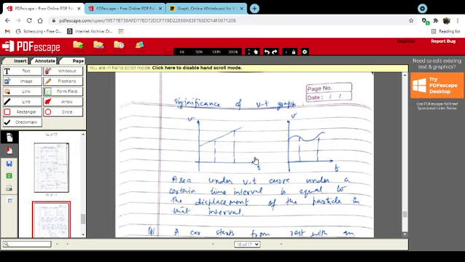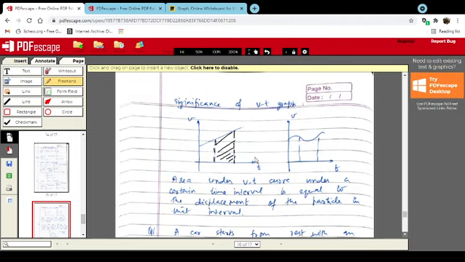Another thing which comes from the VT graph is the area, which is the point we are going to discuss here. If we select two time instants, making one time interval, and we take the area between the velocity time graph and the horizontal axis, then this area gives us the displacement of the particle in that particular time interval.